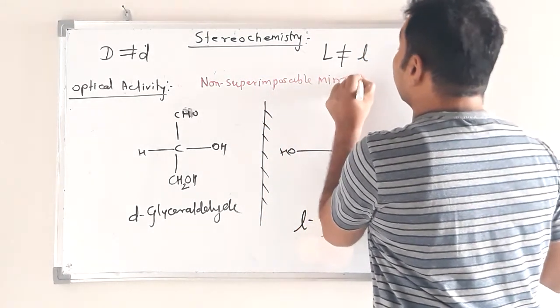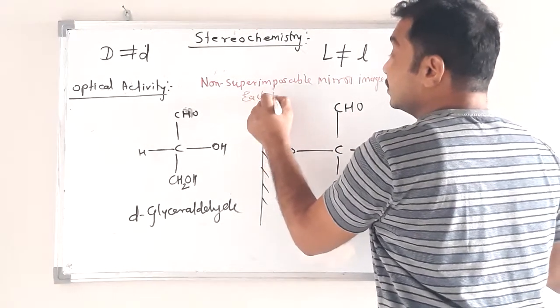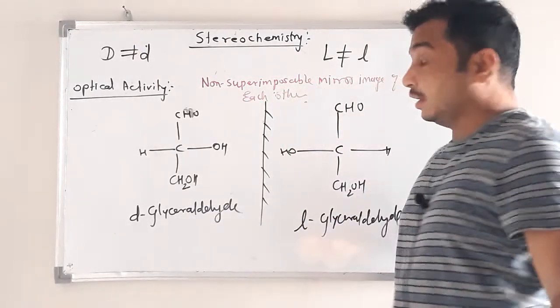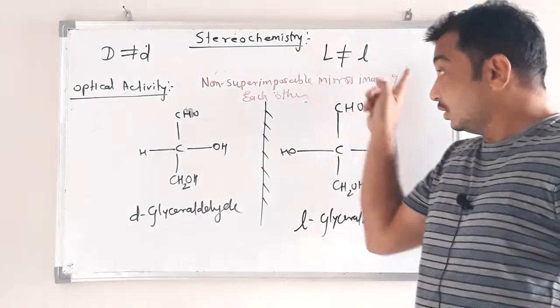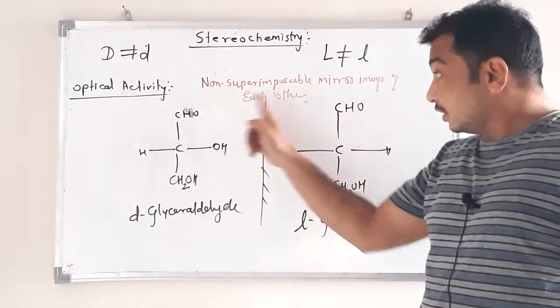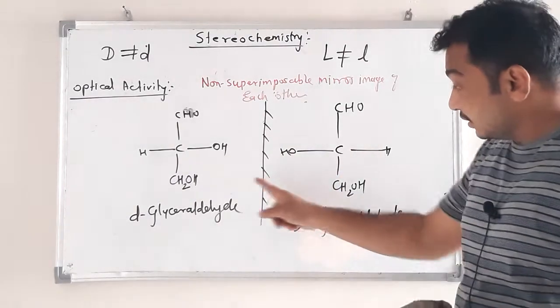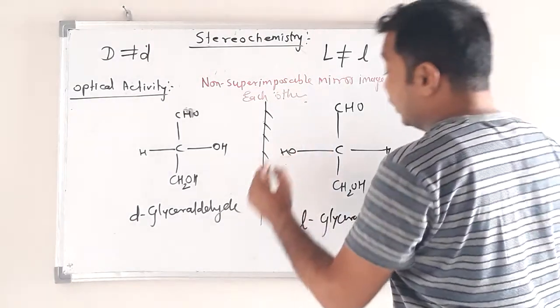If optical isomers have this type of relation between them, then these two optical isomers are known as enantiomers.